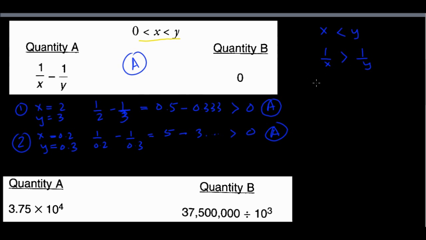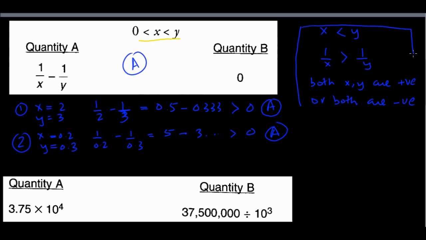This is only true though when both x and y are positive or both are negative. It's an interesting rule to remember. Though not necessary, you can always quickly pick numbers and prove it to yourself. Actually, I would recommend that you prove this reciprocal rule for yourself.